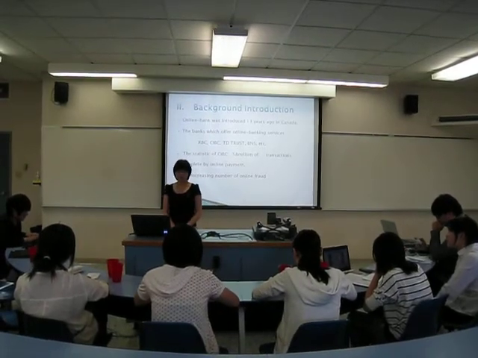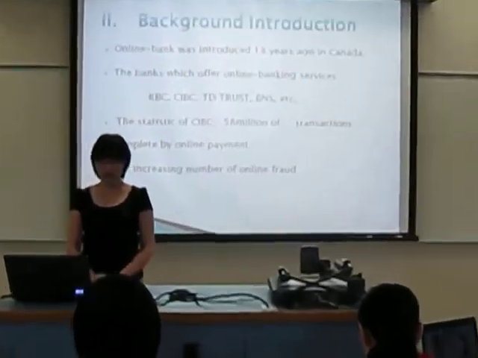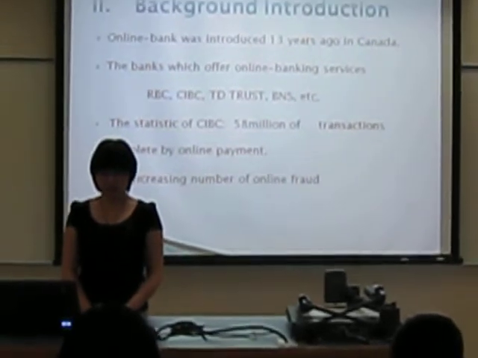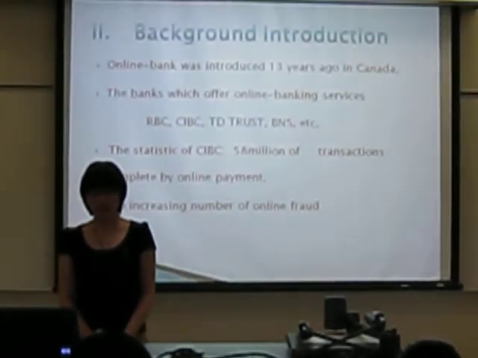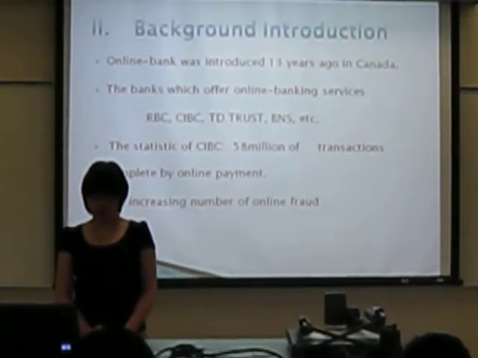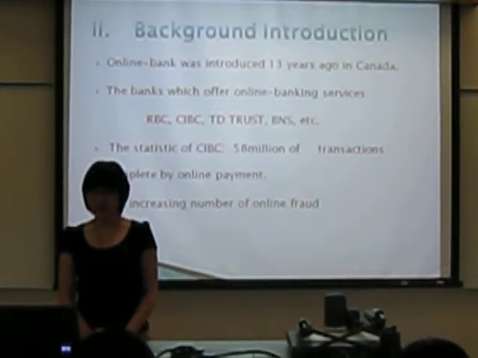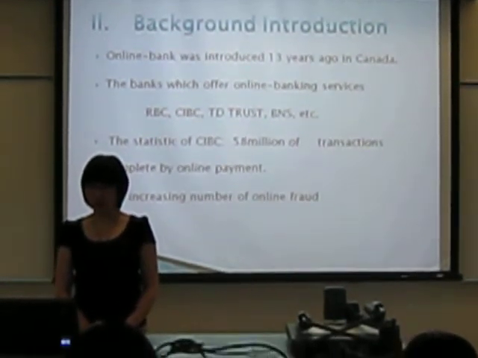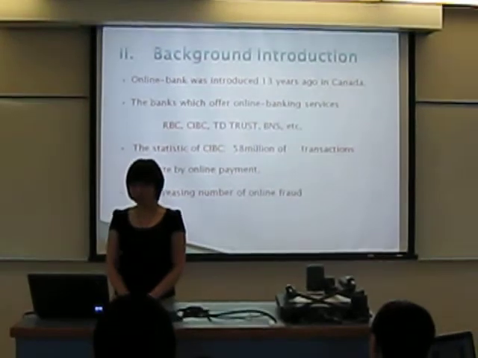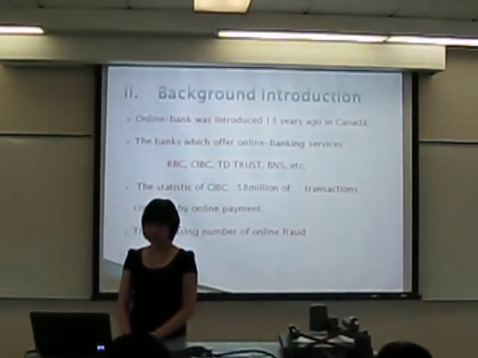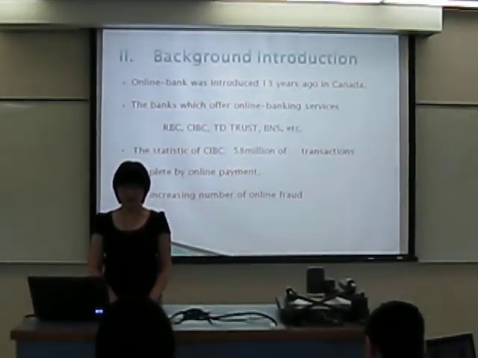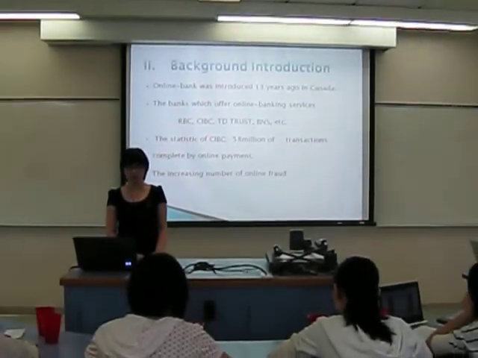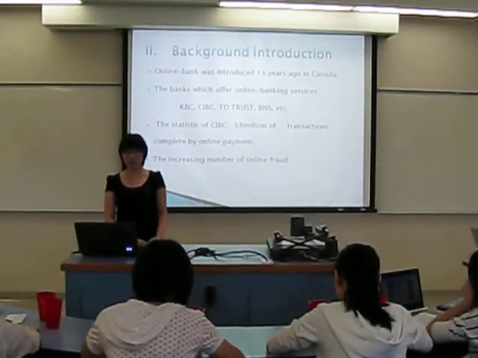Firstly, I will move to the background of the research. Online banking was introduced 30 years ago in Canada. After a long period of development, most banks in Canada provide online banking services, such as RBC, CIBC, TD Trust, and Bank of Nova Scotia.